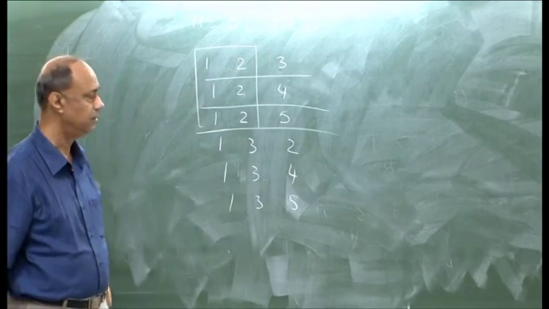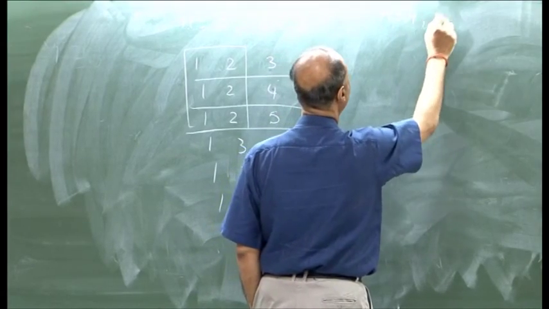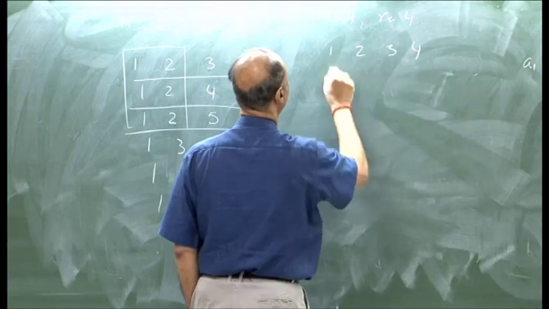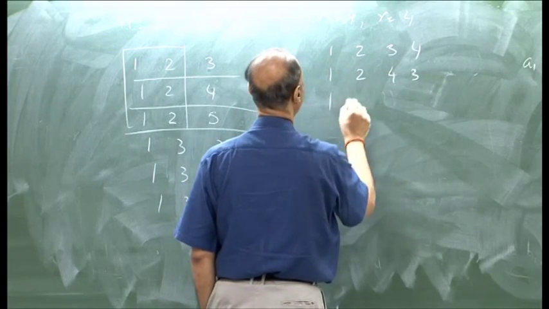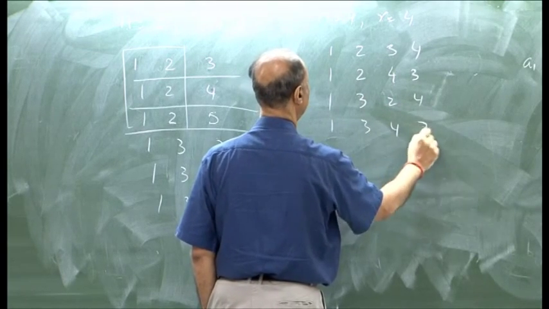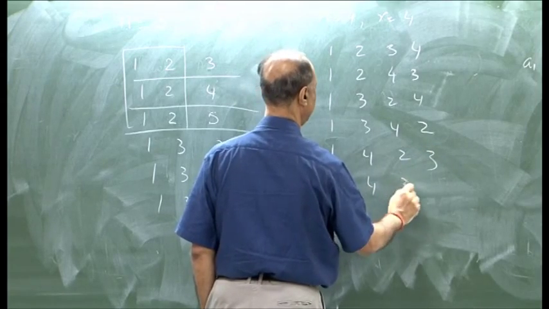This is 1, 1, 1. And when N equals 4 and R equals 4, you have 1, 2, 3, 4, 1, 2, 4, 3, 1, 3, 2, 4, 1, 3, 4, 2, 1, 4, 2, 3, 1, 4, 3, 2.